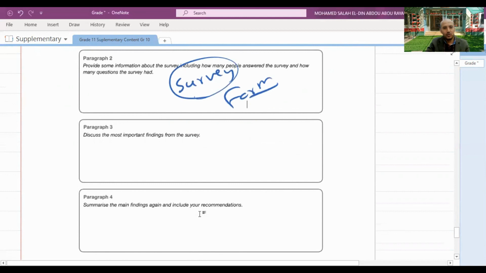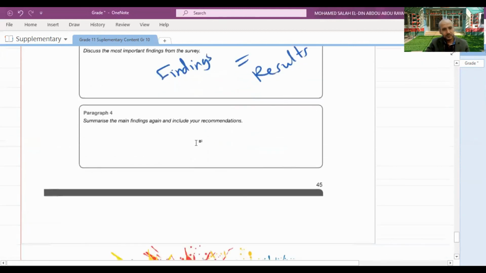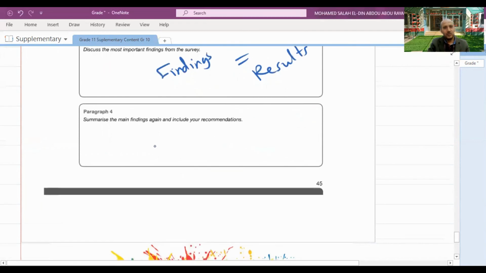Then you go to the findings, the results. Findings means the results. At the end, you make a conclusion. You summarize. What did you find?